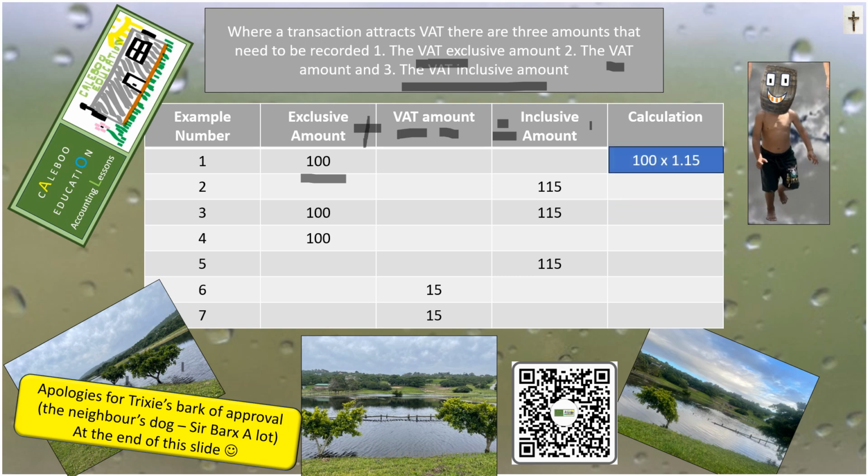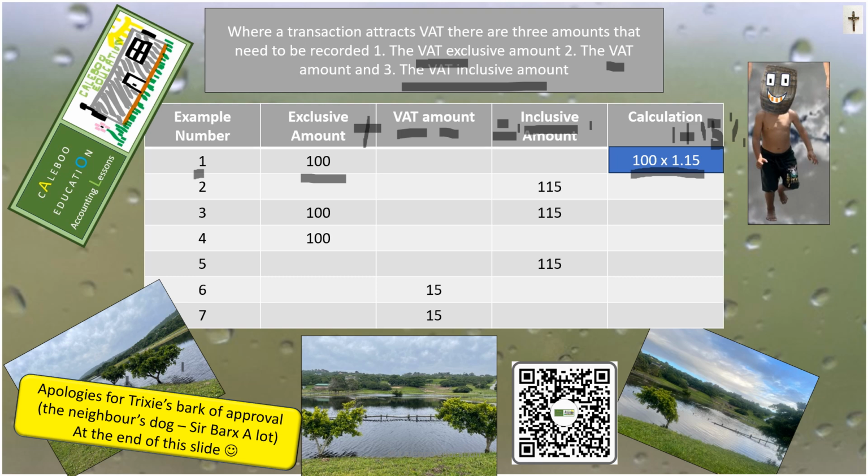So I'm going to calculate as a starting point in number one the inclusive amount. So if I say 100 times 1.15, because 100 multiplied by 1 is 100, and I'm going to add 15% to the 100 because the VAT rate is 15%.